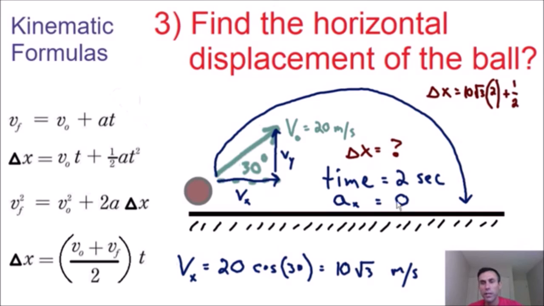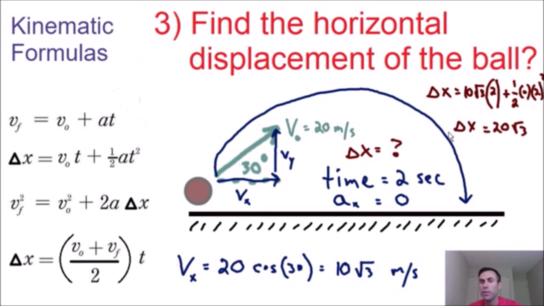We know that our acceleration is equal to 0, so we can plug in a 0 for acceleration, and we know that our time is equal to 2, so we can plug in a 2 for time, so 2 squared. We know that 0 times anything is equal to 0, so this right side of the equation is just equal to 0. So our delta x is equal to 10 square root of 3 times 2, or 20 times the square root of 3.